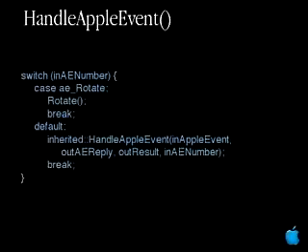In many of the cases for the standard events, that's exactly what PowerPlant does. It doesn't implement it in the object itself, but hands it off to the class that it inherits from. So here's an example. Here's a rotate event. You switch on the Apple event number. If the case is AE rotate, then you call rotate. If not, then you call the inherited handle Apple event, so that you pass it up to the superclass to see if it can handle it.